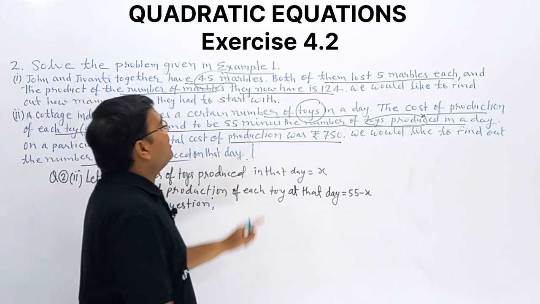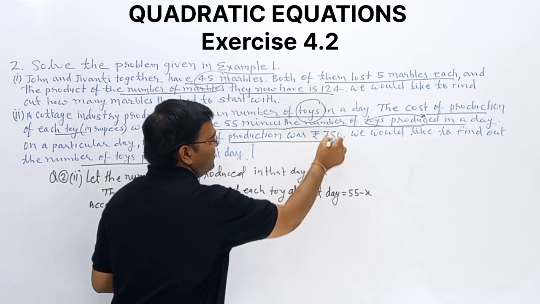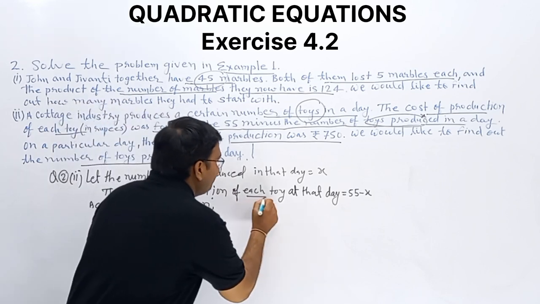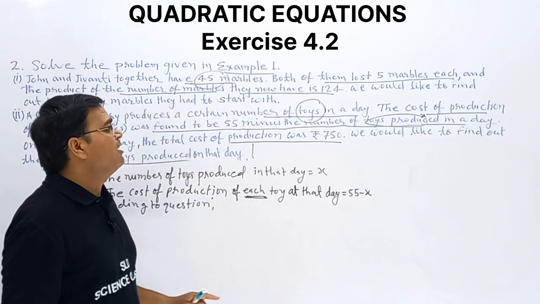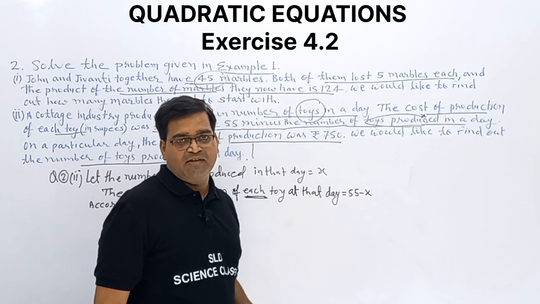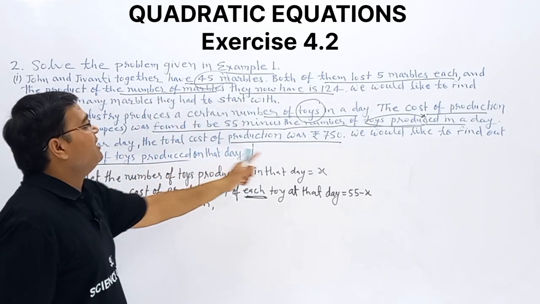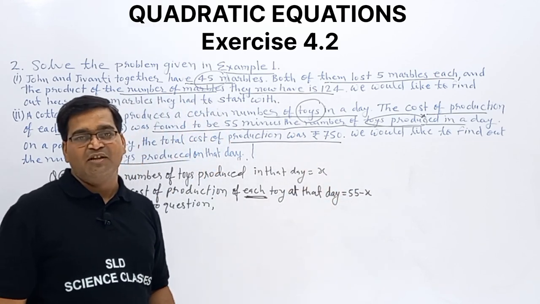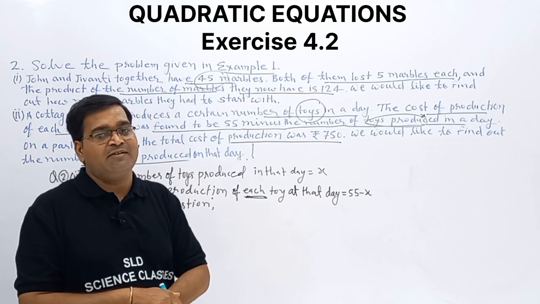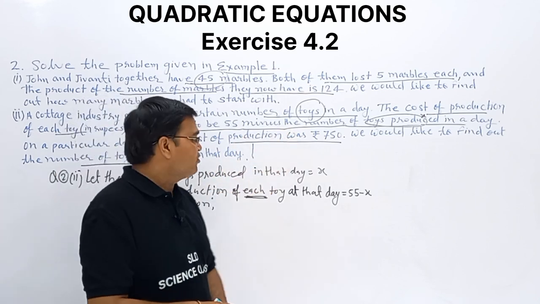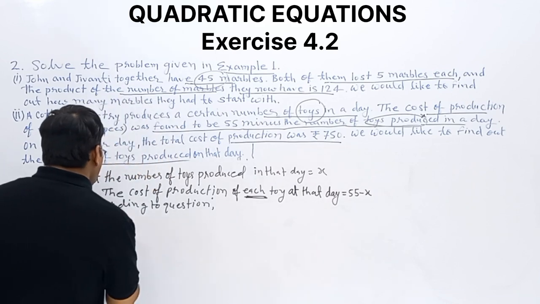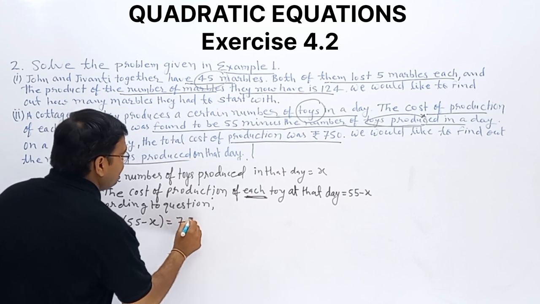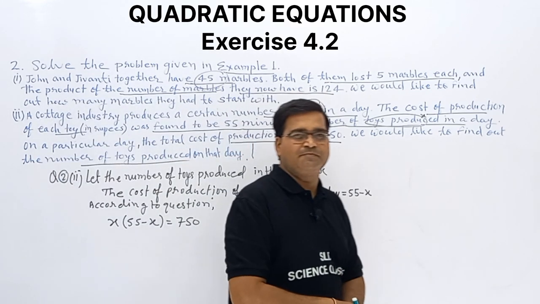This is the cost of production of one toy: the cost of production of each toy is 55 minus X. Total toys produced is X. This is the cost of one toy, and in total we are having X. So the product of both, X into 55 minus X, will be what? 750. This is the important situation.